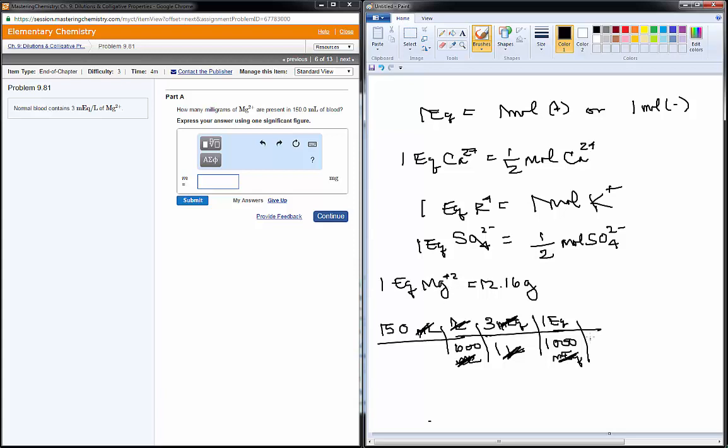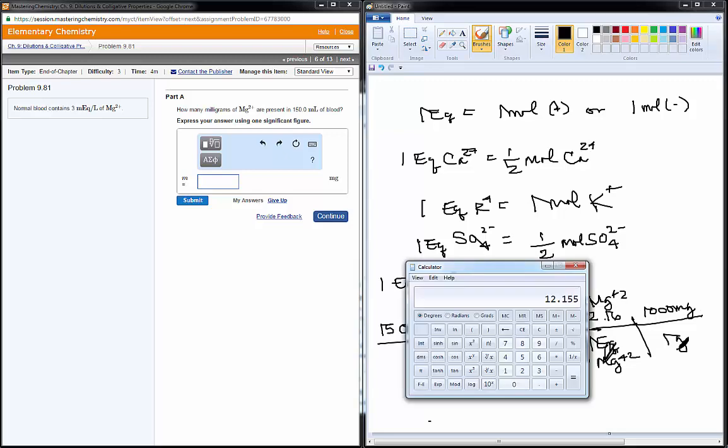Now we could use this conversion factor: 1 equivalent of magnesium is 12.16 grams of magnesium. And since they want milligrams, there are 1,000 milligrams in 1 gram. My grams cancel. Now I'm left with milligrams of magnesium.